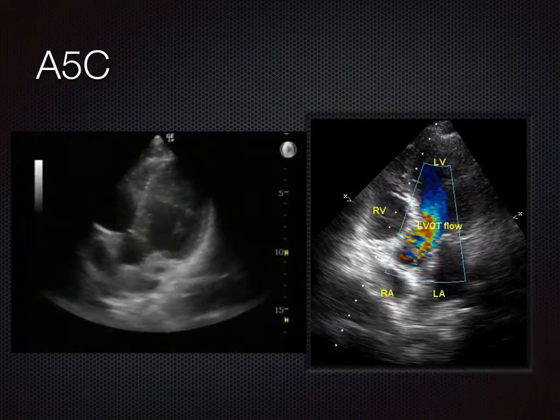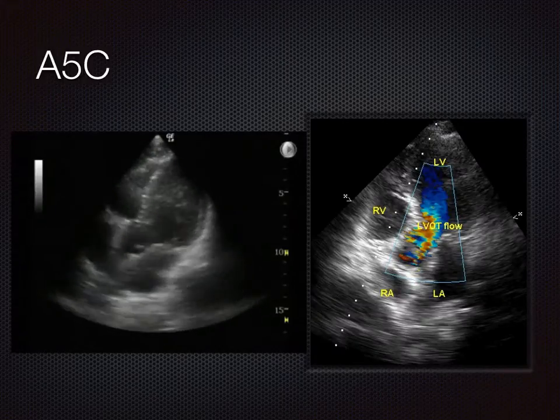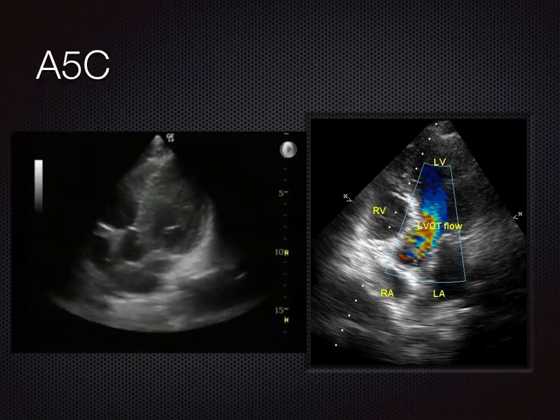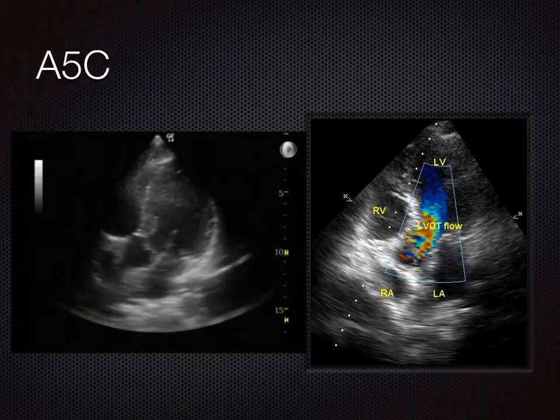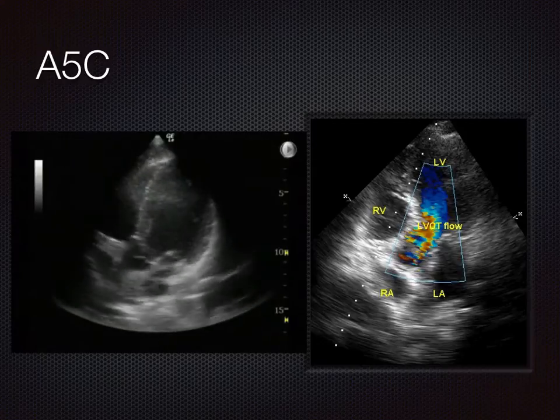Okay, so if you want to have a look at the aortic valve in a bit more detail, you can use the apical 5-chamber as well, and you can see here the valve is opening and closing well. And if you were to put colour down there, you can see the flow away on this one.